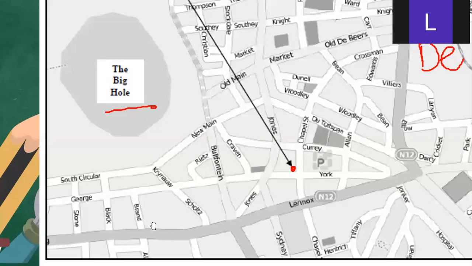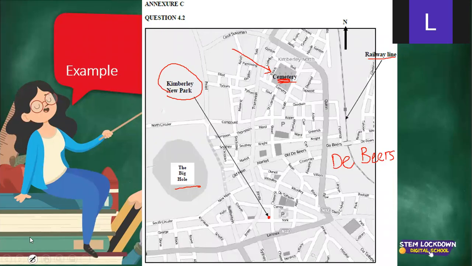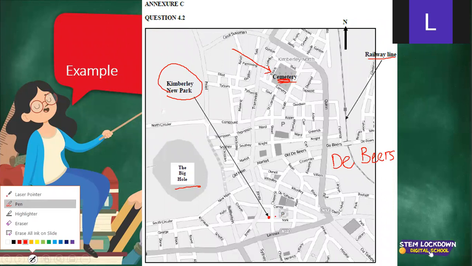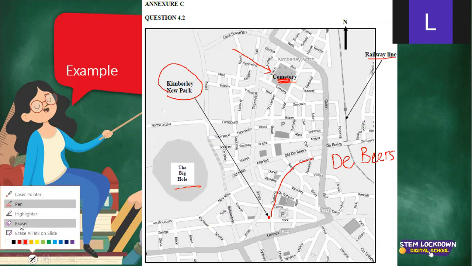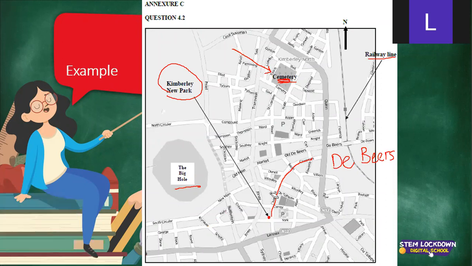Let me just go back. It helps to actually draw the line. Let me draw the line right from there. So I'll be moving in this direction. For me, I think this is the easiest direction when I'm going to the cemetery. Let me just erase this.